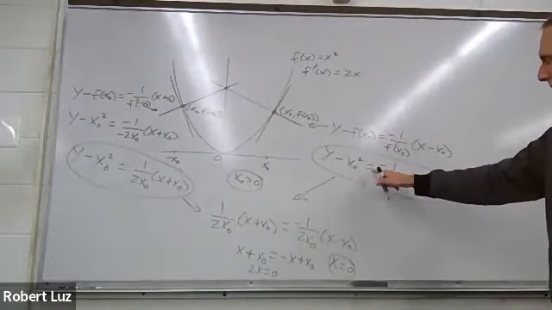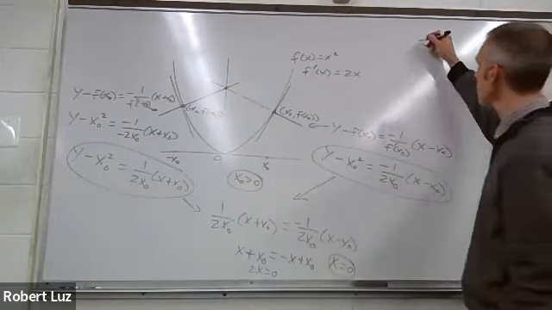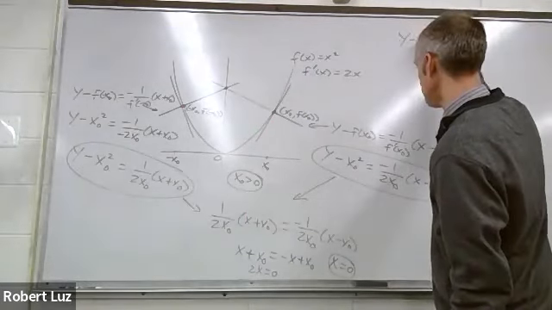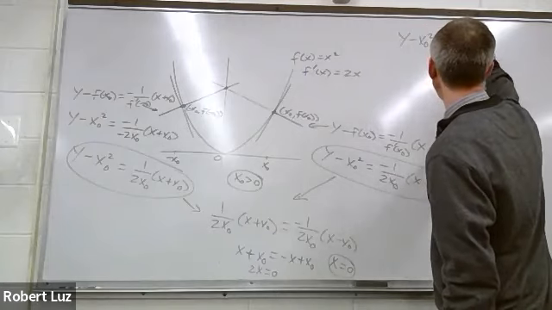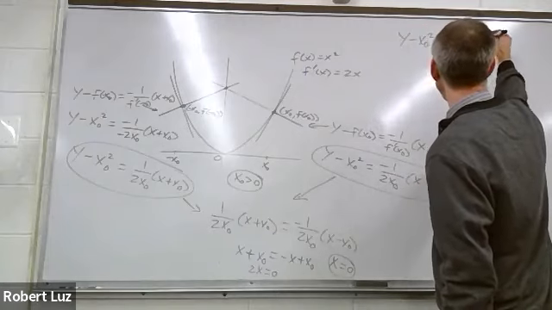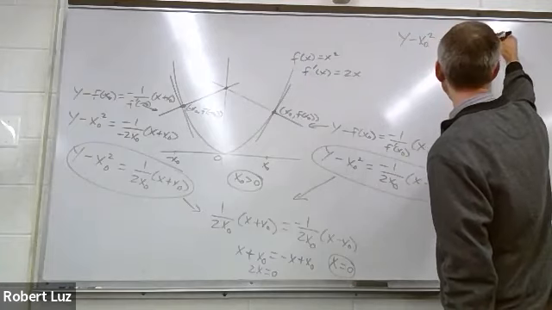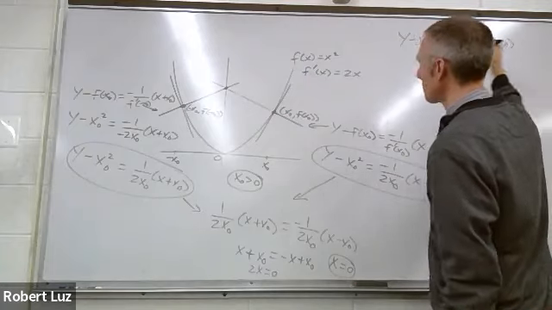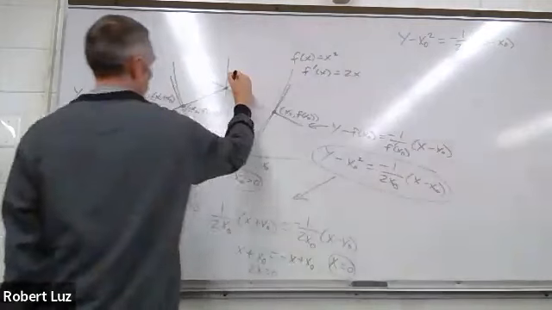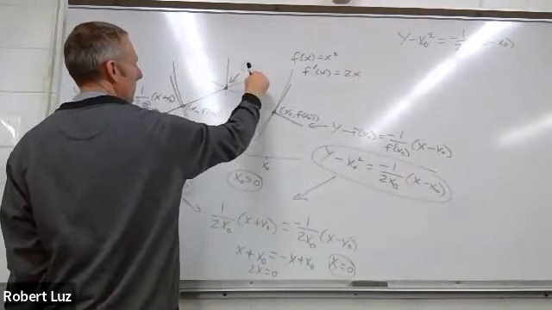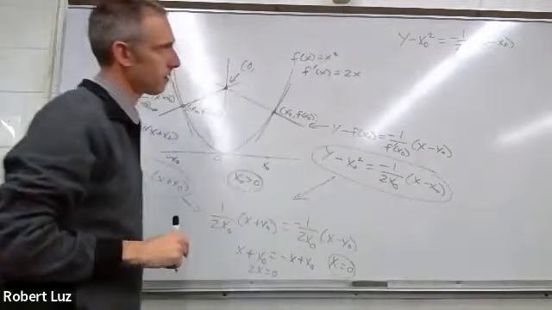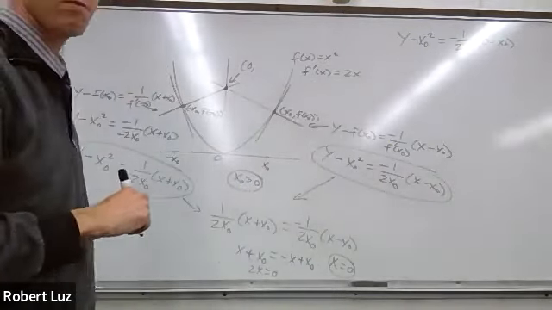I'll plug it into the first one here. So you get y minus x0 squared equals negative 1 over 2x0 times 0 minus x0. The coordinates is 0, comma, the y coordinate given by that equation.